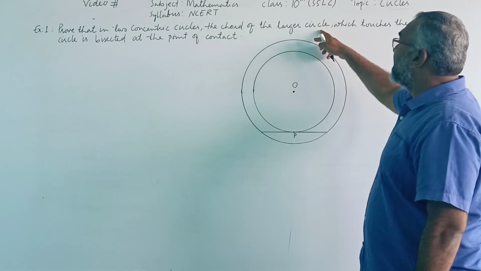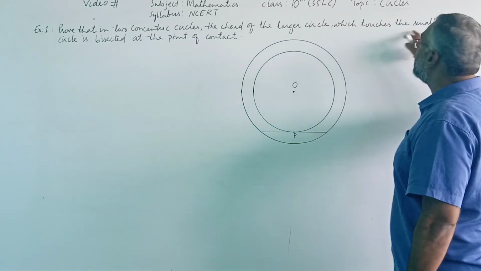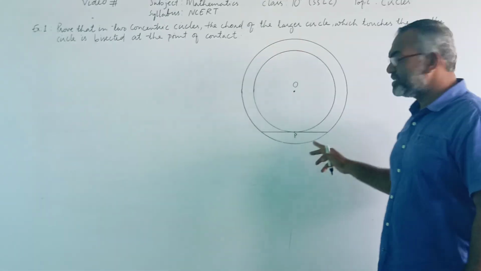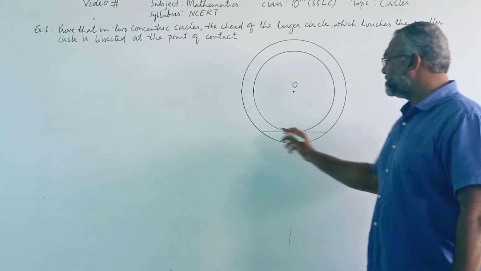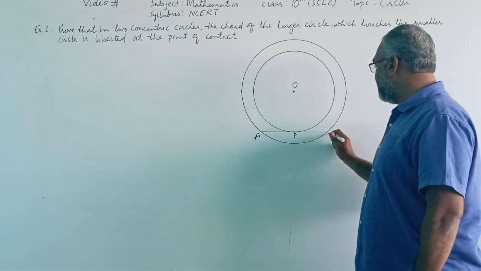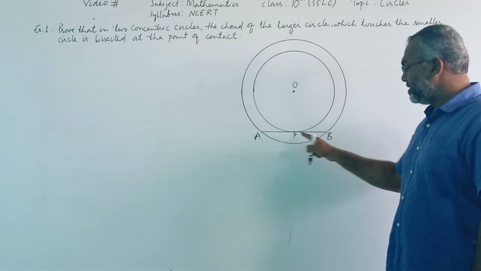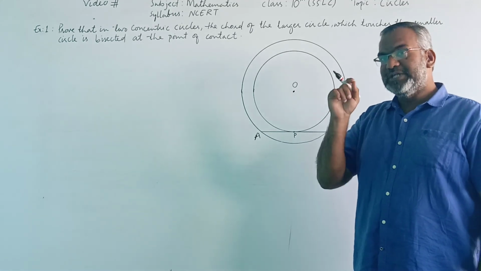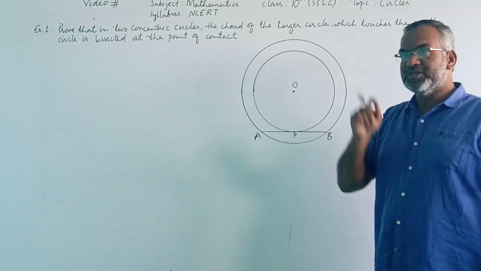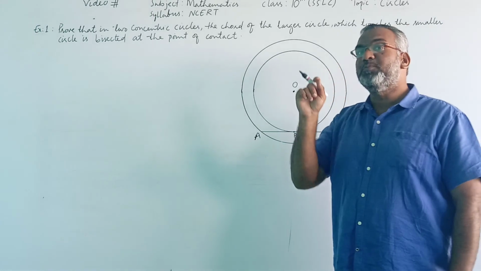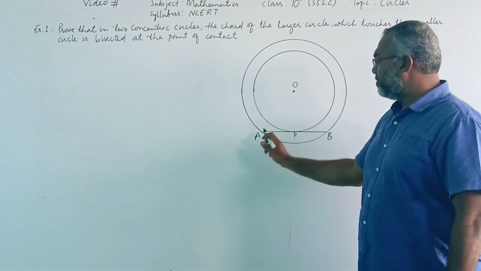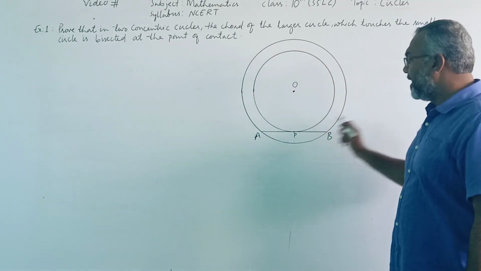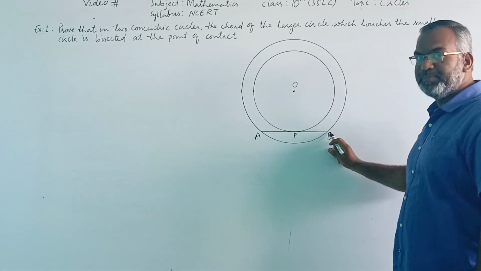The chord of the larger circle which touches the smaller circle. The larger circle has a chord. Suppose the name of the chord is AB. A chord is a line which joins two points on the circle. So point A and point B are two points on the larger circle and AB is joining them.